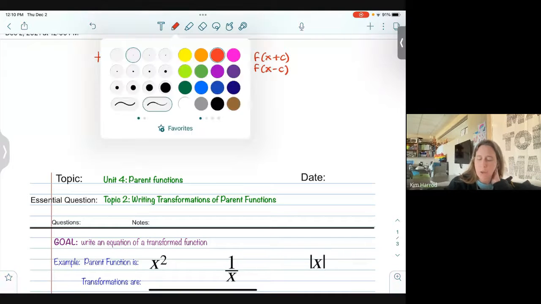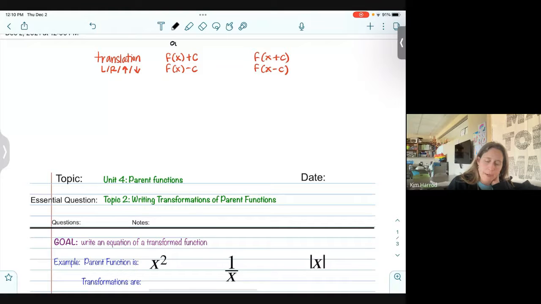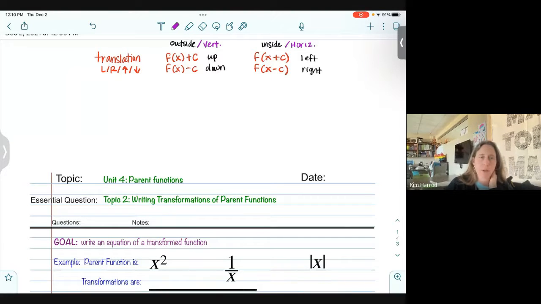So depending on whether that transformation happened outside of the function or inside the walls of the function, makes a difference to whether that plus means up or whether that plus means left. When it's a minus, we have down, or when it's inside, we have right. And the whole inside-outside thing is outside is all vertical, and inside transformations will all affect the shape of the graph in the horizontal direction.